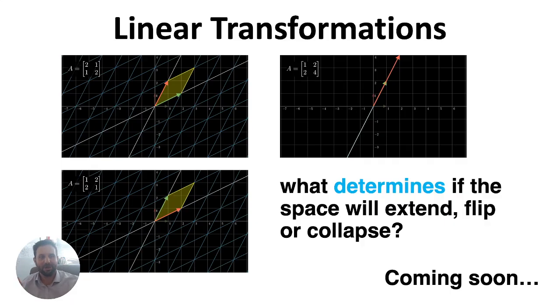The question of what determines if this space will extend or flip or, God forbid, collapse, something determines it. And the answer of what determines it actually is hidden in the name. But we'll get to that in a second after we cover matrix multiplication.